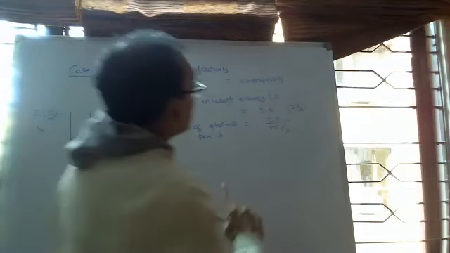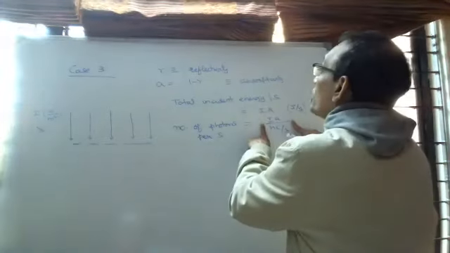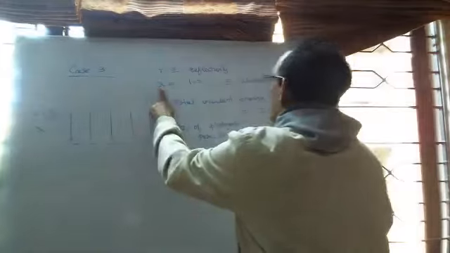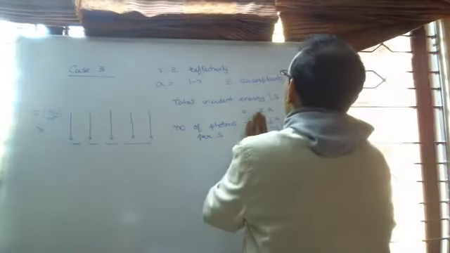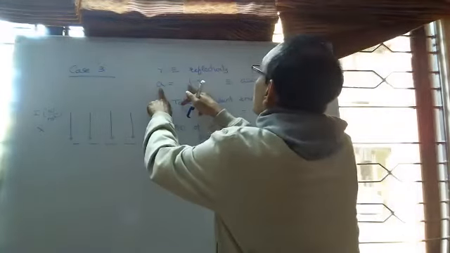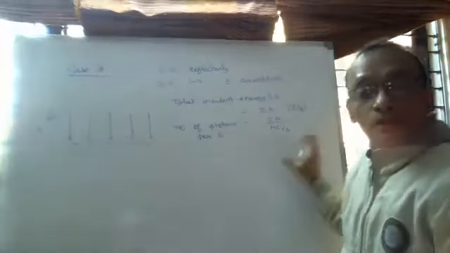अब इसमें से कितना फ्रैक्शन एब्जॉर्ब होता है? How many photons get reflected? R, right?